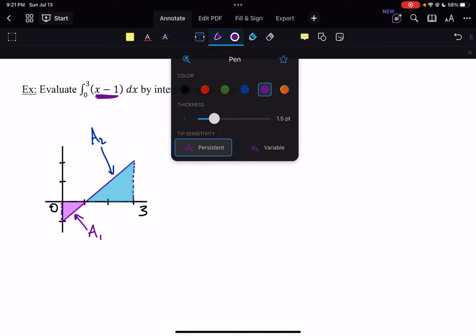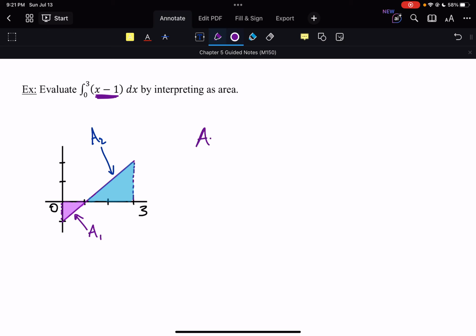So when we're calculating the area of A1, the area of the triangle is 1/2 base times height. So that's 1/2 times 1 times 1. So that's an area of 1/2.